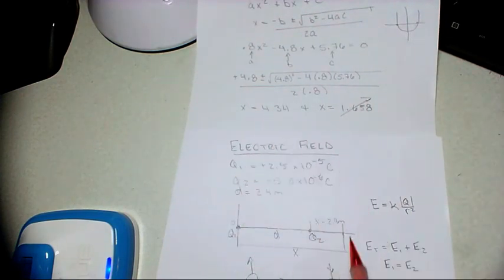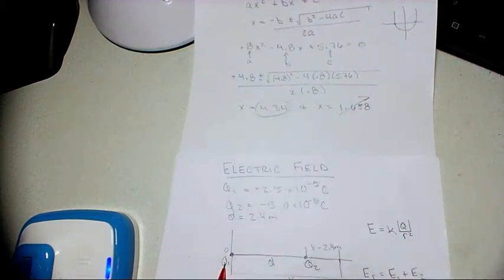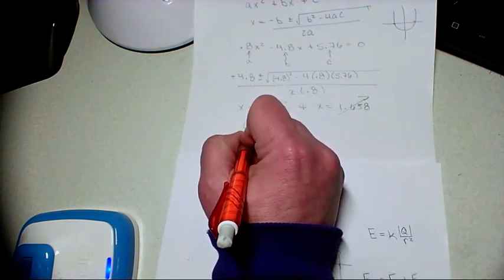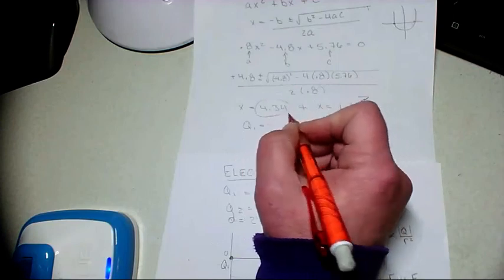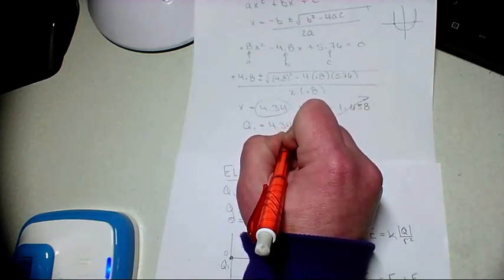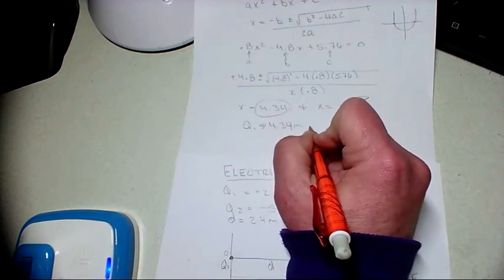Come over here now, 4.34, it is indeed beyond Q2, so that number makes sense. So x equals 4.34. That tells us how far away from Q1 it is, but to be complete, it needs to be 4.34 meters from Q1.